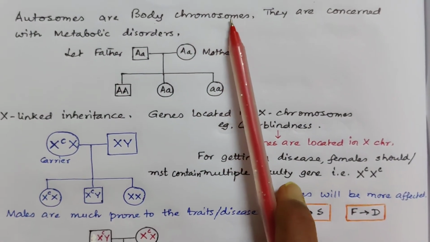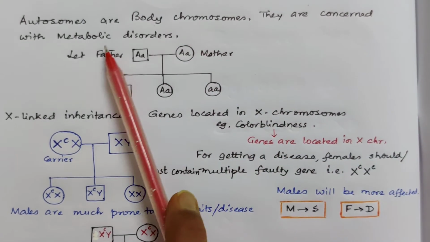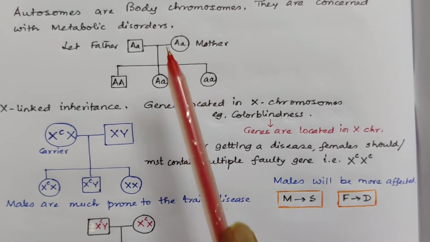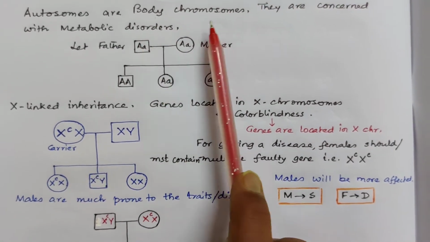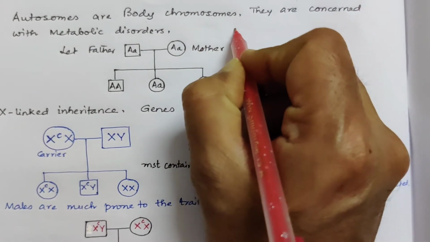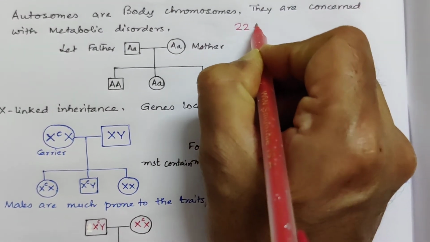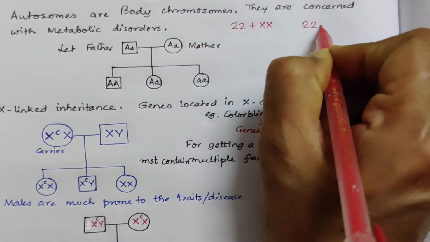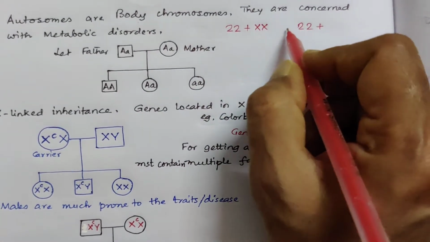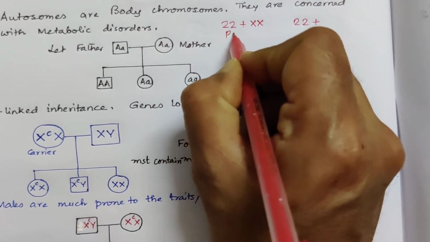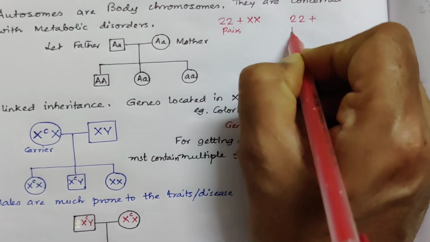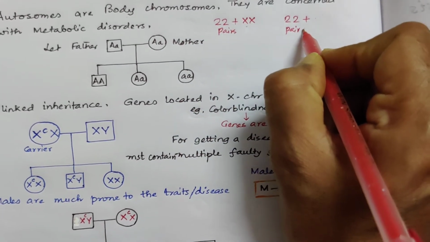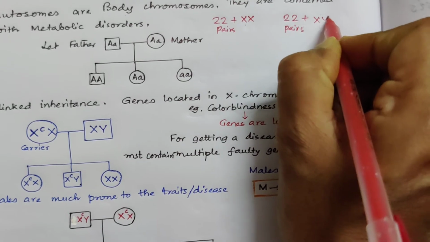Now autosomes are the body chromosomes, we all know that. They are concerned with metabolic disorders. The body chromosomes means that 22 pairs of chromosomes that we are having. We are having 22 pairs plus XX, that's a female, and 22 pairs plus XY is a male.